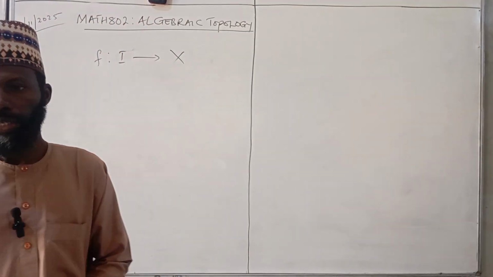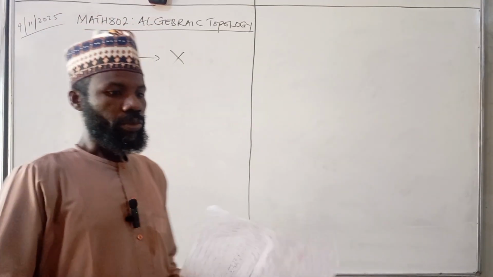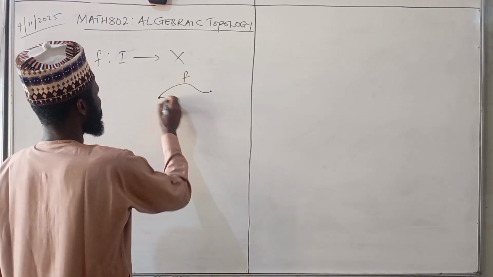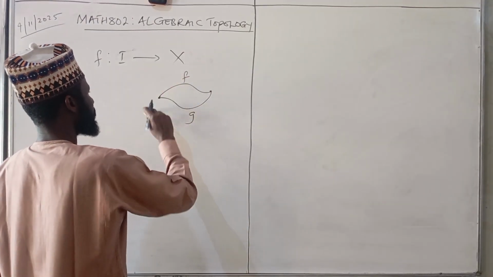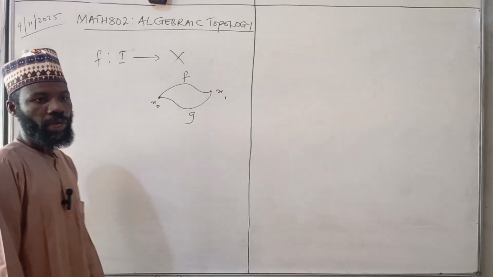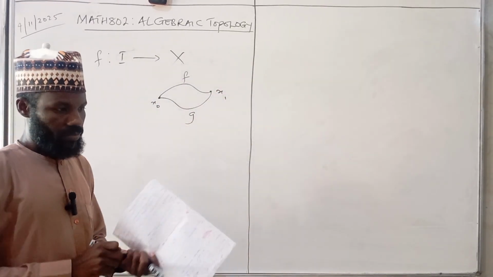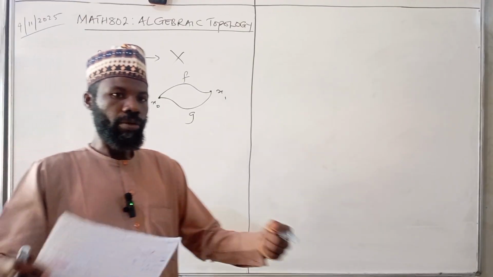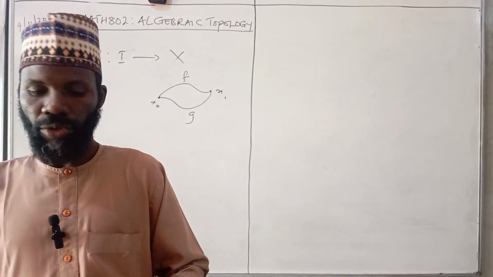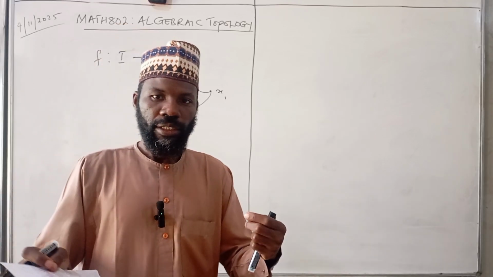And then we define path homotopy. If you have two paths, F and G, from a point x0 to a point x1, you define a homotopy of paths relative to their endpoints. Therefore, they must share the endpoints.